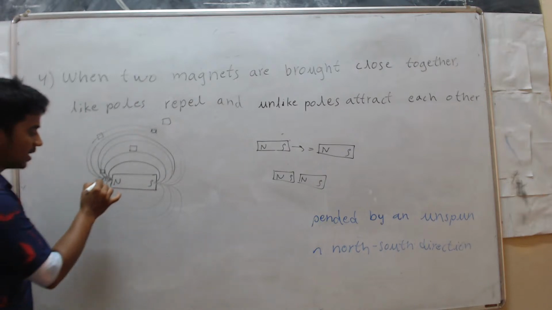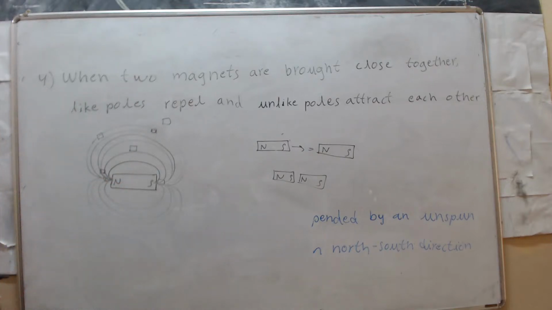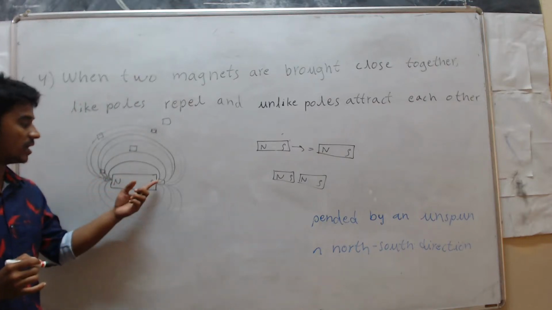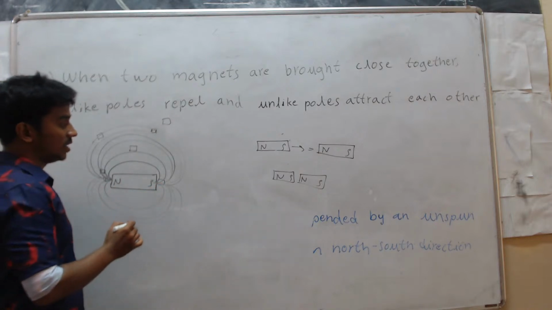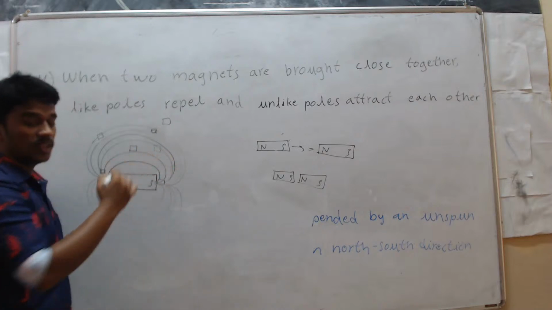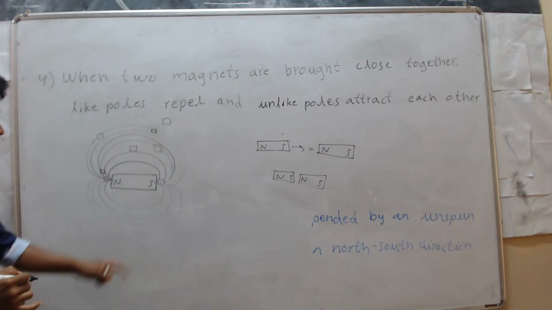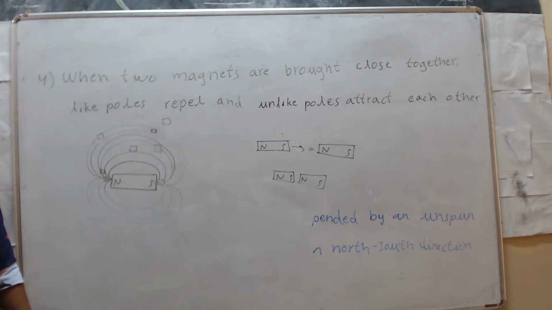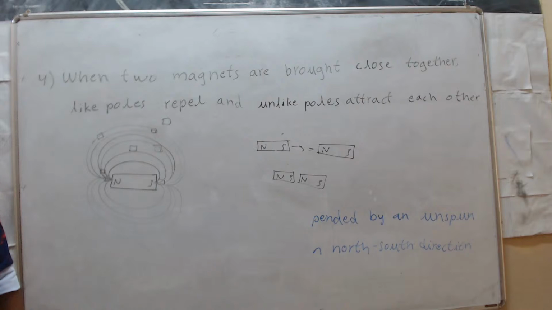So that's why at the ends the magnetic field is more, means the strength of the magnetic field is more. The magnetic field strength is weak when you move away from the magnet, because here less number of magnetic field lines are there, and here more. So the strength of the magnet depends on the magnetic field lines.